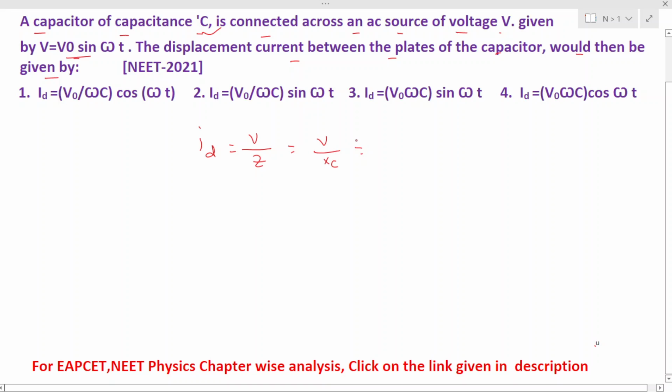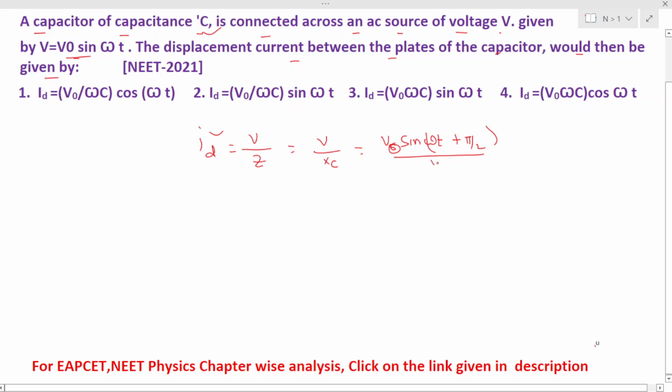We know that in the case of a capacitor, current leads voltage by 90 degrees. So this V can be written as V naught sin omega t plus pi by 2, divided by the capacitive reactance.